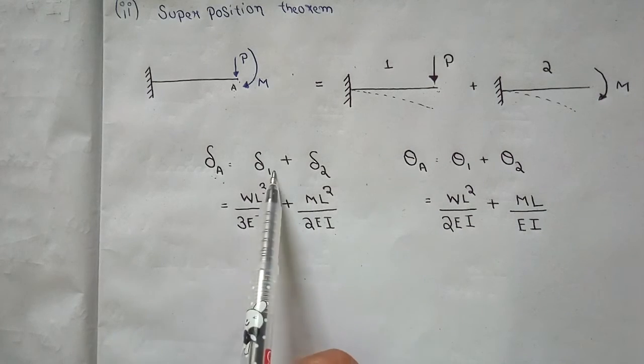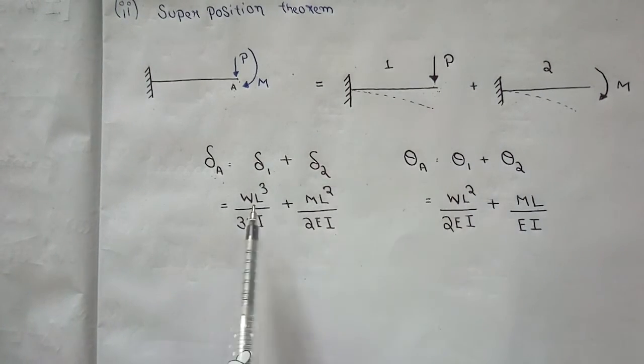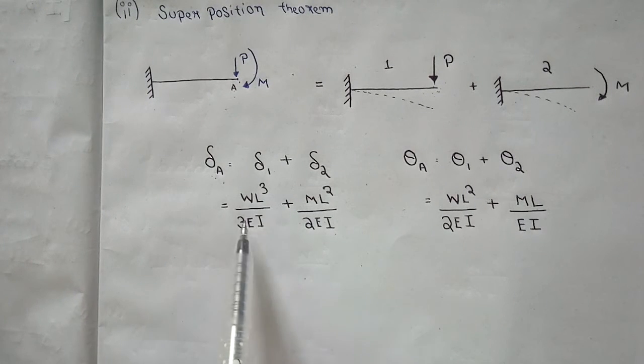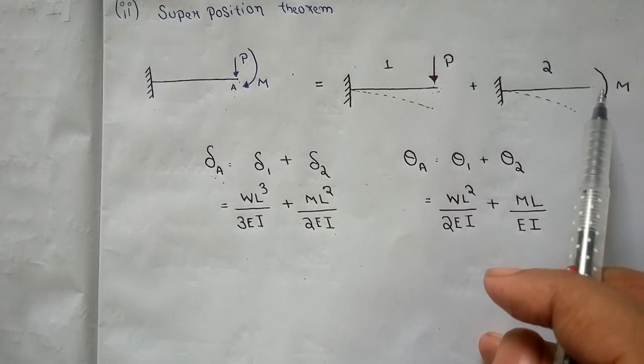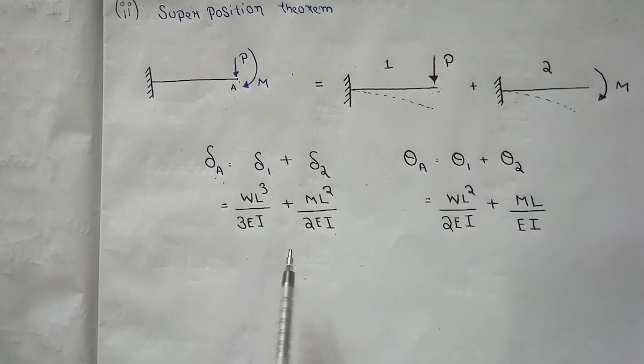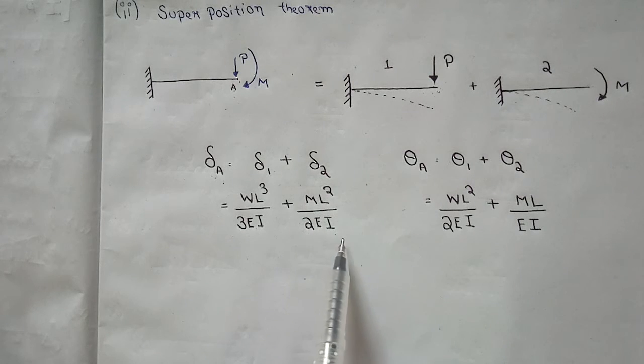So it is simply delta 1 plus delta 2. We know the deflection due to a point load is WL cube by 3EI. We have already seen the formulas in the last video, so you can check it. And due to the point moment, the deflection at this free end will be ML square by 2EI.